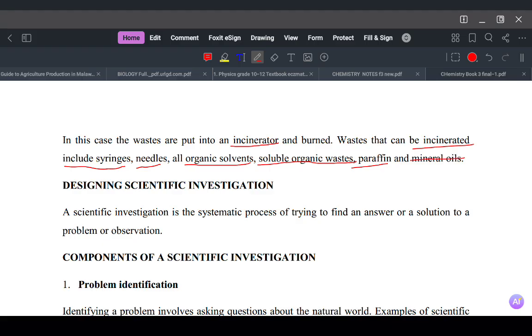This is mostly used in hospitals. If you have visited major hospitals, you find that at their backyard they have this facility where they burn waste. The facility used like that is known as an incinerator, and the process of managing waste by burning them is called incineration.